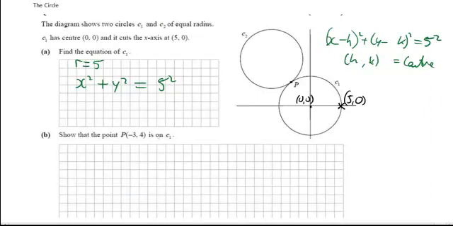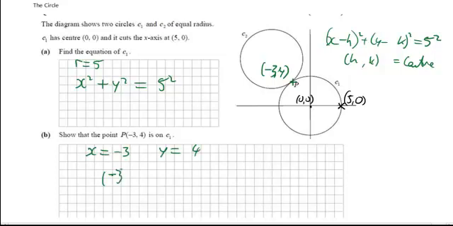So we've got this point here, (minus 3, 4), and we're asked to show that that's on the circle. Well, then we just substitute. To show a point is on a circle, we substitute it into the equation. So x is equal to minus 3, y is equal to 4, and what do we get?